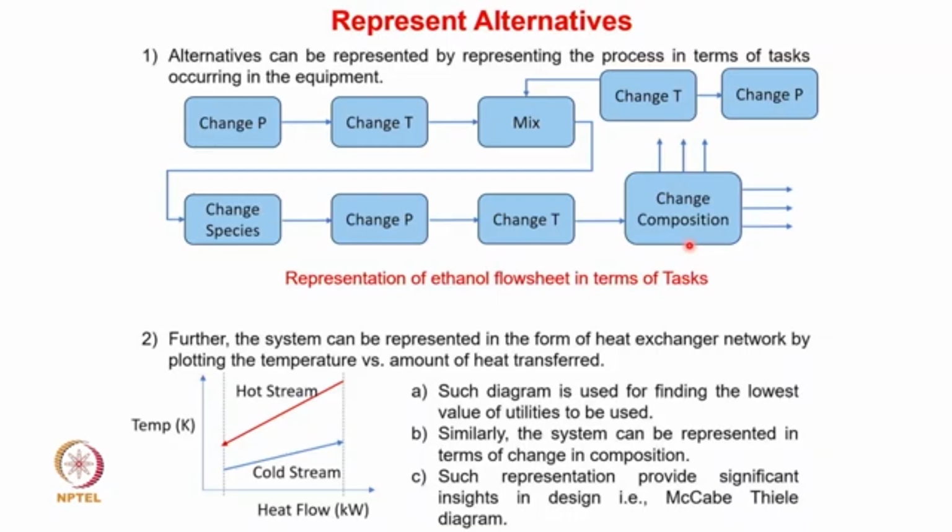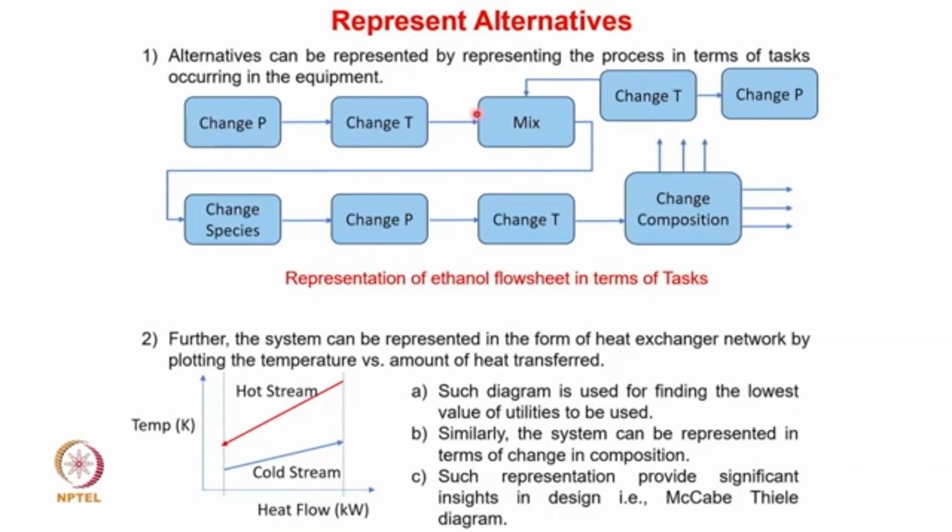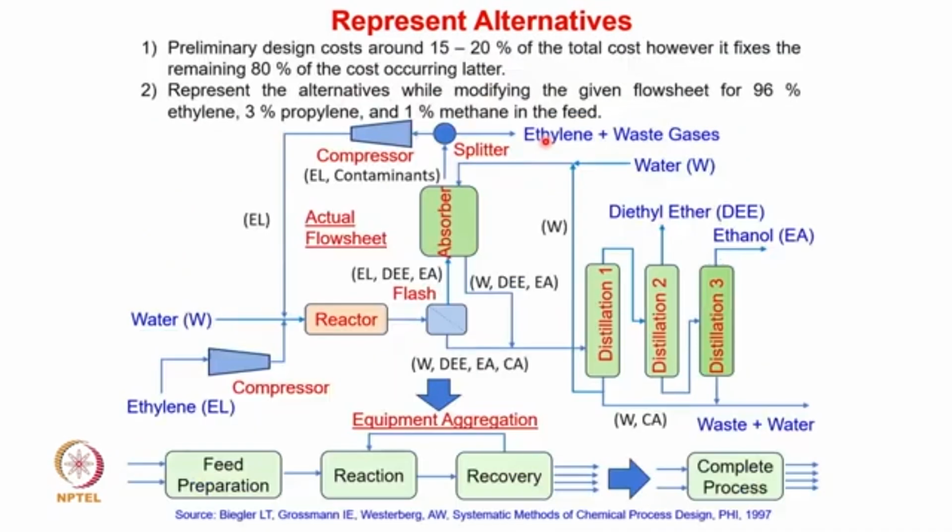Similar to the alternate routes in terms of the feed of the reactant, alternate routes can be represented if the process flow sheet is represented in the form of tasks. In this particular slide you can see that the entire flow sheet is represented in terms of tasks. For instance, if I look at this particular flow sheet, here you can see that the water and ethylene are compressed and then heated before being charged to the reactor.